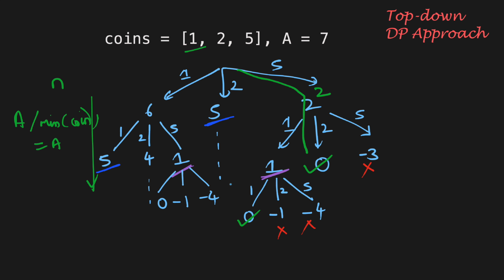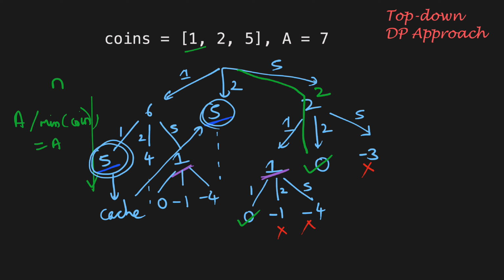The idea is simple. Whenever a result for a specific amount is computed for the first time, we will store it in a cache, for example, a dictionary or an array. And then whenever the same problem is encountered again, we retrieve the result directly from the cache instead of recomputing it. By doing this, we eliminate the redundant computations and ensure that each unique subproblem is solved at most once.